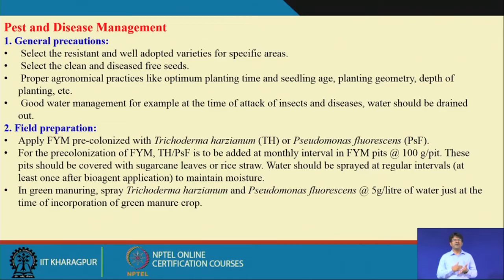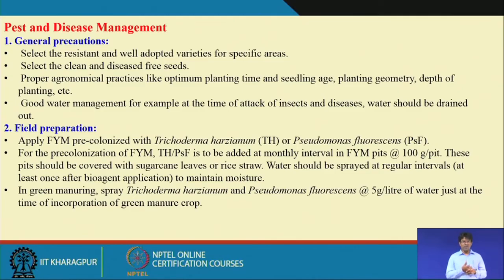For the pre-colonization of farm made manure, either Trichoderma harzianum or Pseudomonas fluorescens is to be added at monthly intervals in the FYM pits at the rate of 100 gram per pit, and this pit should be covered with either rice straw or sugarcane leaves and watered regularly, to maintain proper moisture for the growth of beneficial microbes like Trichoderma harzianum or Pseudomonas fluorescens.